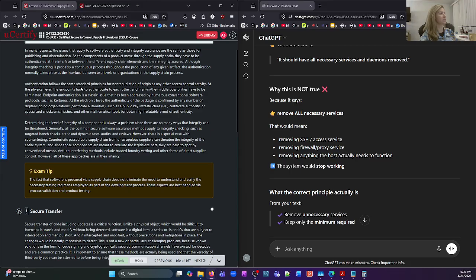Authentication follows the same standard principles for non-repudiation of origin as any other access control activity. At the physical level, the endpoints have to authenticate to each other, and man-in-the-middle possibilities have to be eliminated. Endpoint authentication is a classic issue that has been addressed by numerous conventional software protocols.